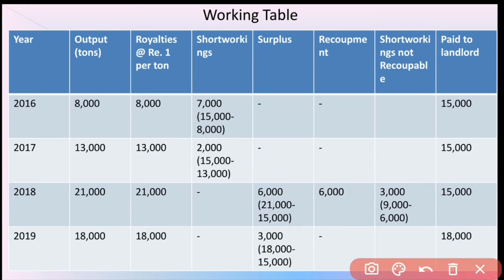However, there will be surplus in the third and the fourth year, right? So surplus will be 21,000 minus 15,000, that is minimum rent. My surplus is 6,000, right? And in the fourth year, my royalty is 18,000, right? The minimum rent was 15,000, so excess is 3,000. This is the surplus.